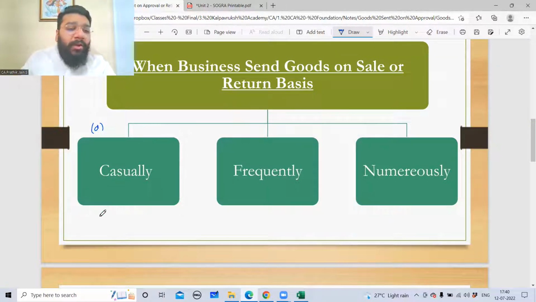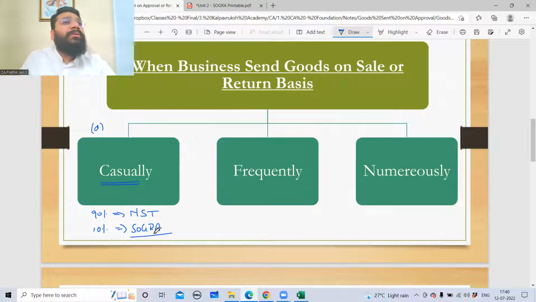I told you that normally these kinds of businesses have 90% of the transactions happening in the form of a normal sale transaction. Hardly 10% of the transactions will happen on sale of goods on return or approval basis, right?